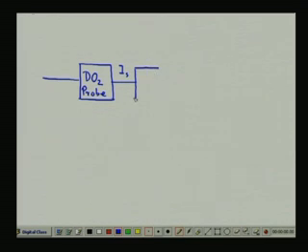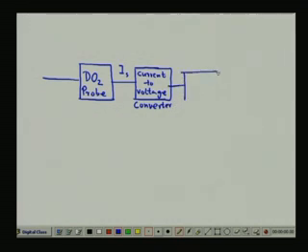This current is converted by a current to voltage converter. Then you have a voltage amplifier, okay.